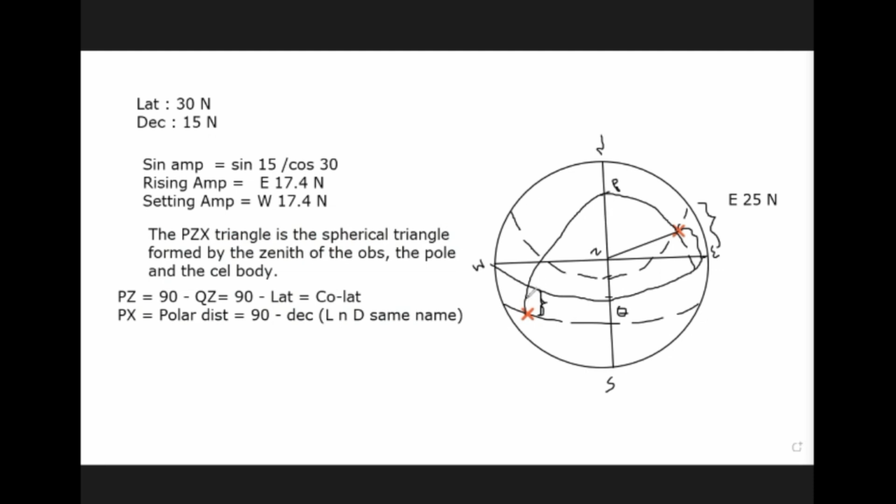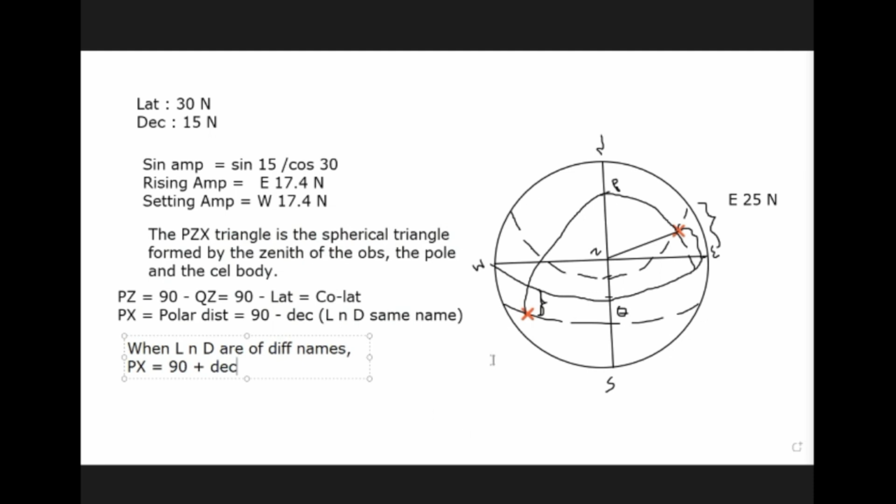And it will be 90 plus declination. So in this case, polar distance, when lat and dec are of different names, Px is equal to 90 plus declination.